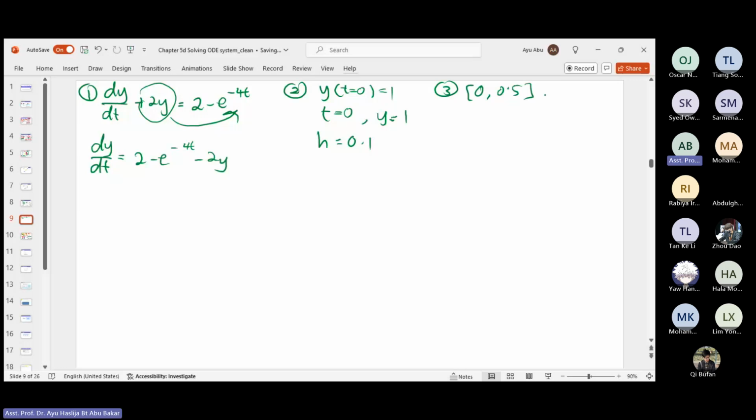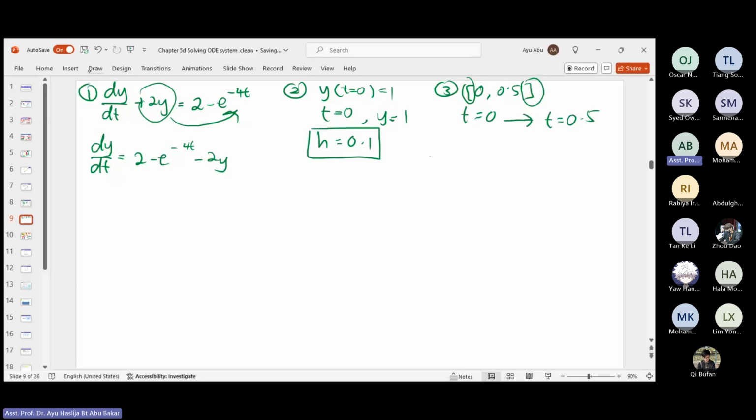Notice the bracket, this is the interval, not the coordinate. From t equals 0 until t equals 0.5 with this step size.